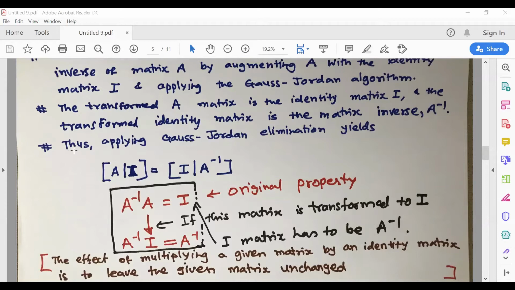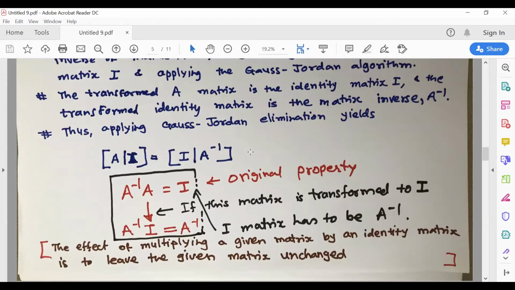So how can we see from this formula that if you apply Gauss-Jordan elimination, you get this? How do you prove this? We want to get convinced by what is going on here, that the A matrix is first converted into the identity matrix by applying the Gauss-Jordan algorithm.